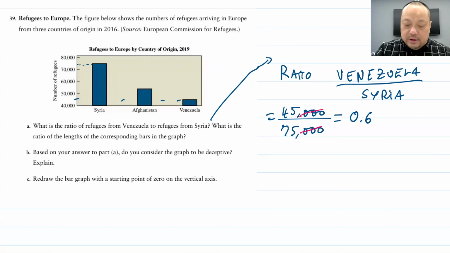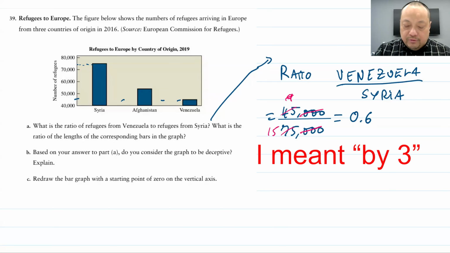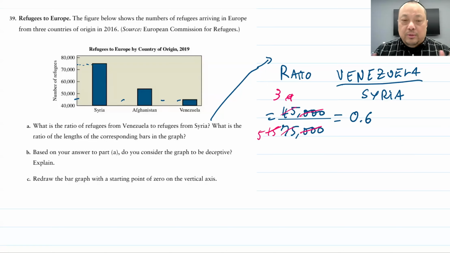First, drop all the 0s. Then if we divide everything by 5, I get 9 out of 15. Then if I simplify by 5, I get 3 out of 5, which is 0.6. So either way is the correct answer. Online, I think they're expecting a decimal. Just write 0.6.